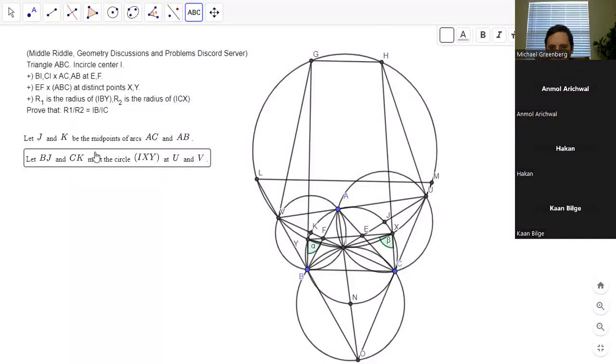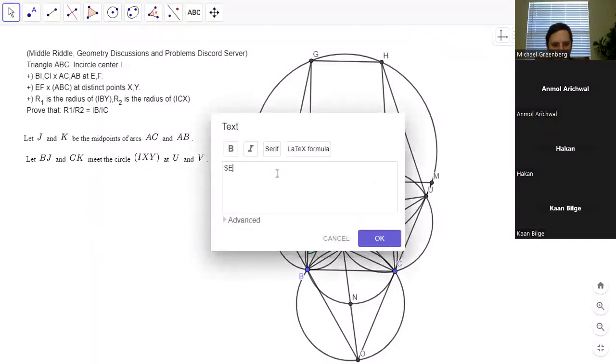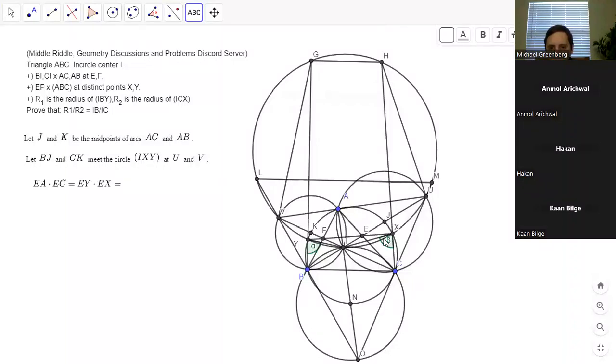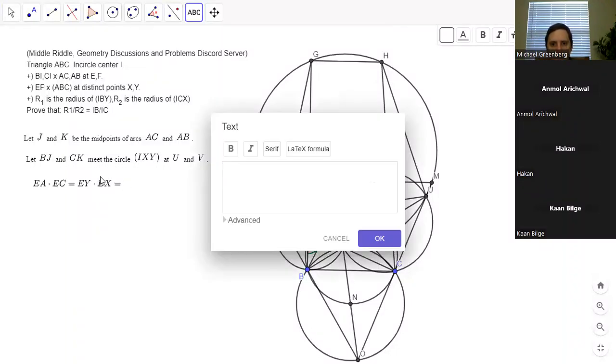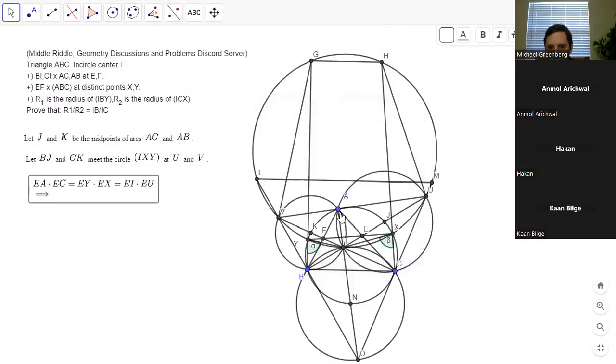So EY times EX equals EA times EC, which is EI times EU. And that means that AICU is cyclic.